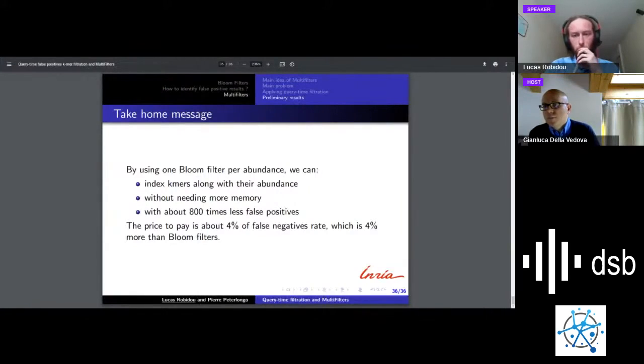How is the false negative ratio affected by the fact that the query sequence is much different from the one that you have indexed at the beginning?